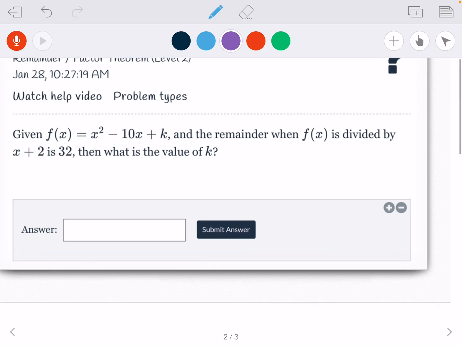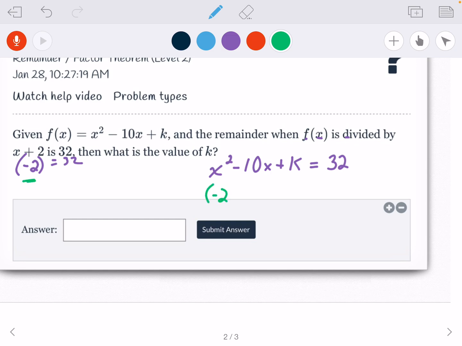Let's do another one. I'm going to write my x squared minus 10x plus k. The remainder when f of x is divided by x plus 2 is 32. I know I'm going to use the opposite sign of plus 2, so I'm going to use a negative 2. Use your parentheses when you do that. So this is going to equal 32. Now plug in the negative 2 for x.